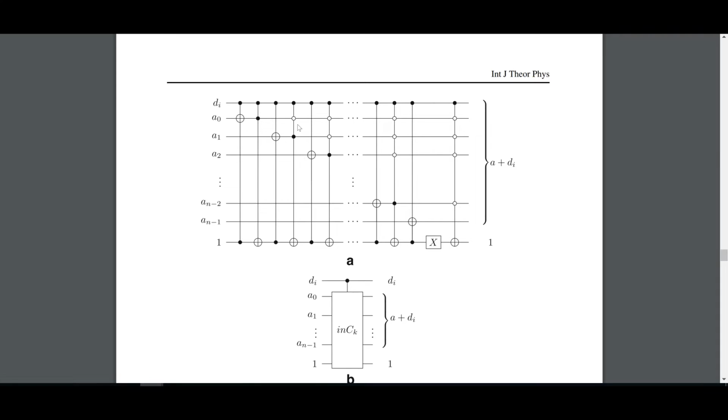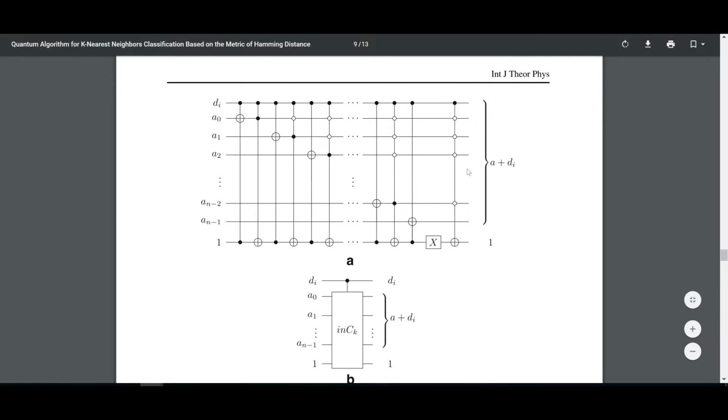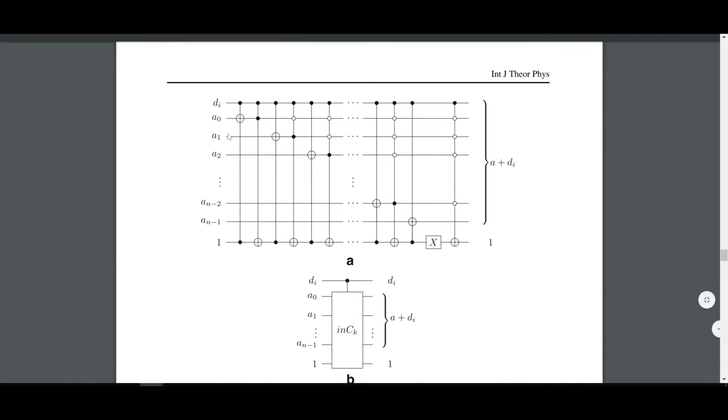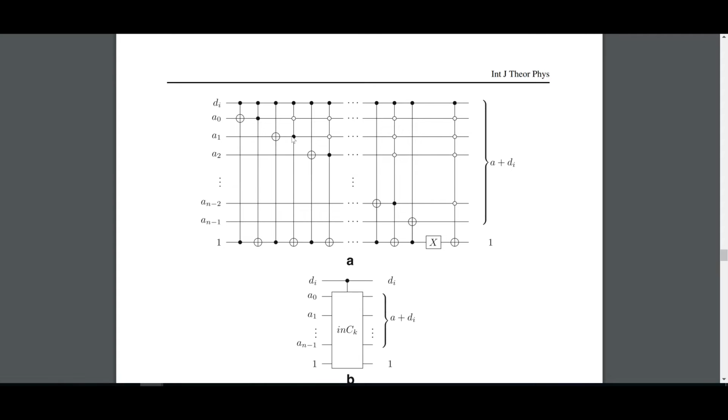How long does this need to be? I don't understand. If I have two qubits, A0 and A1, I guess this stops here, because this is already for A2 and I don't care.